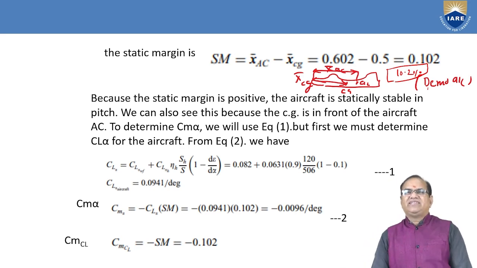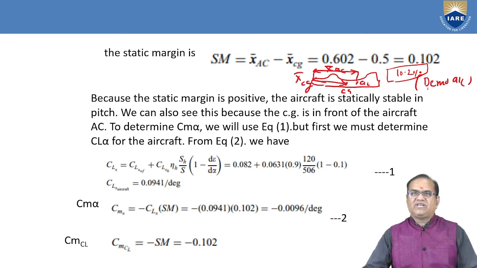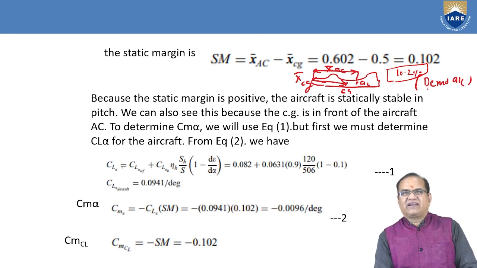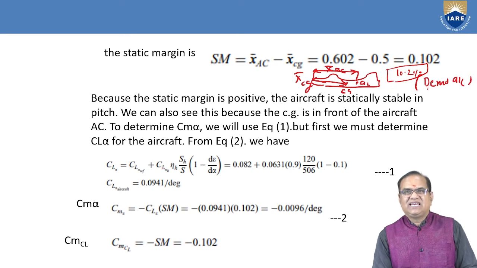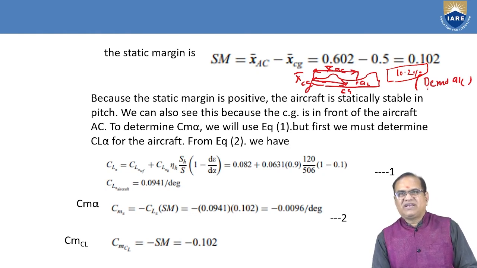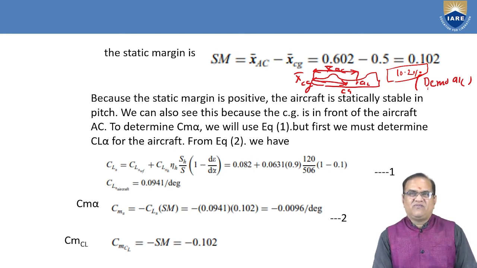So now to determine the Cm alpha, we will use equation 1, but first we must determine CL alpha for the aircraft. So we know that CL alpha of the aircraft is equal to CL alpha of the wing fuselage plus CL alpha of the horizontal tail, eta H, SH by S, 1 minus d epsilon by d alpha. Okay, so CL alpha WF, we have found out that it is 0.082.